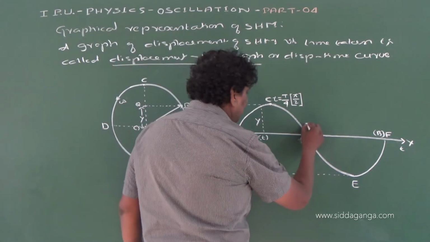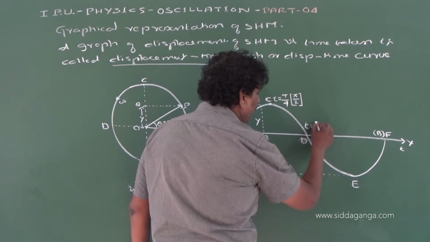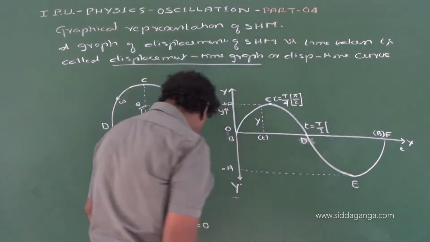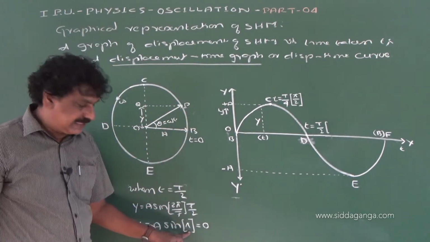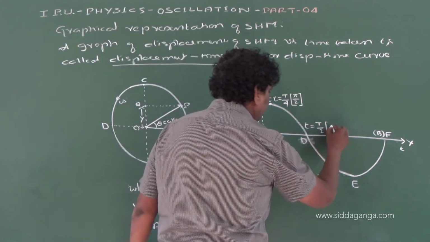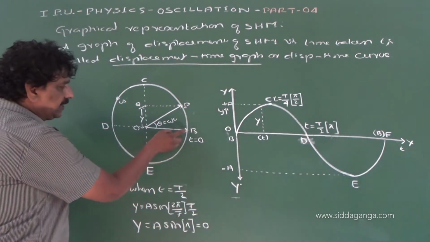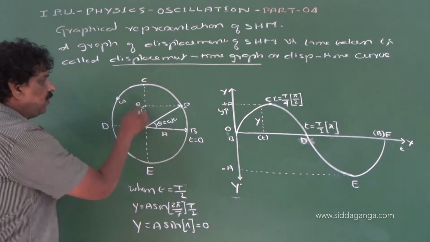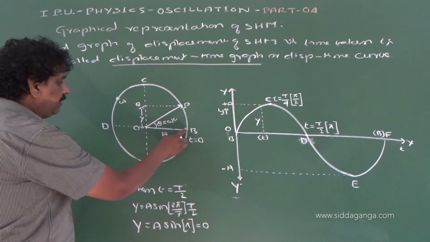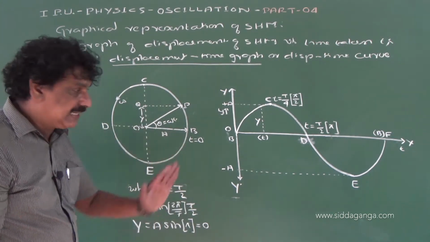Therefore here at D, the time taken is t equal to T by 2, and the angle covered is 180 degree, that is pi. So with uniform circular motion, the angle BOC is equal to 90 degree. The angle BOD is equal to 180 degree, that is pi.